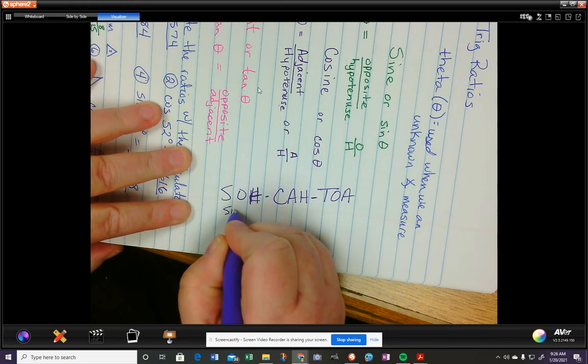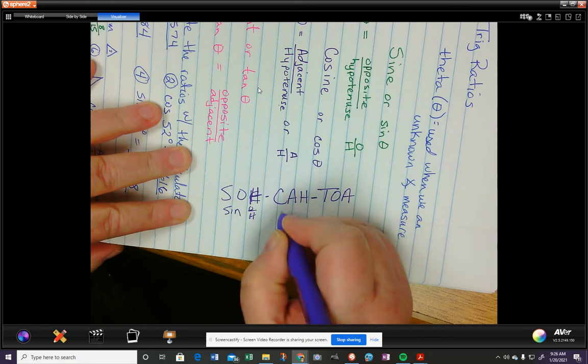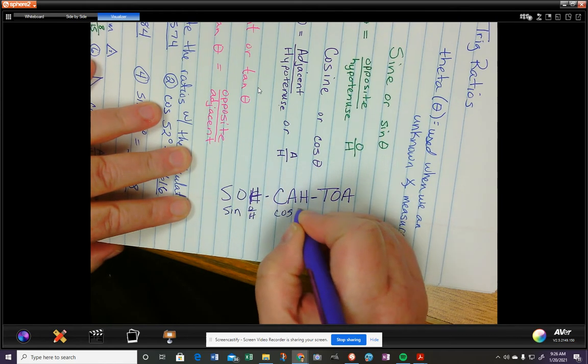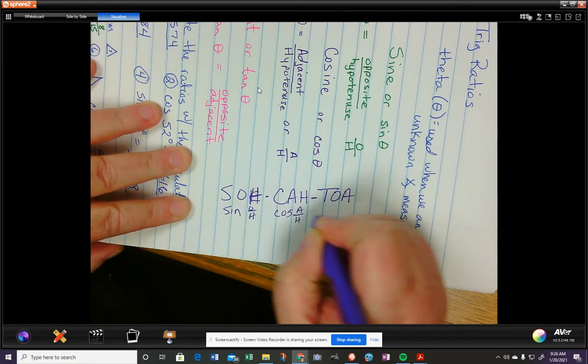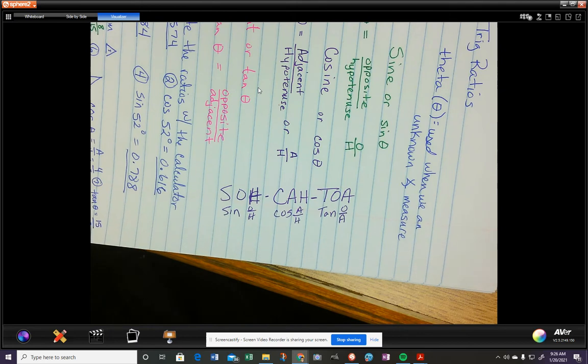This is for sine, opposite over hypotenuse, cosine, adjacent over hypotenuse, tangent, opposite over adjacent. And I'm sorry I messed up on the H right here. So that's the easy way to remember. SOH-CAH-TOA. So if you need help, let me know.